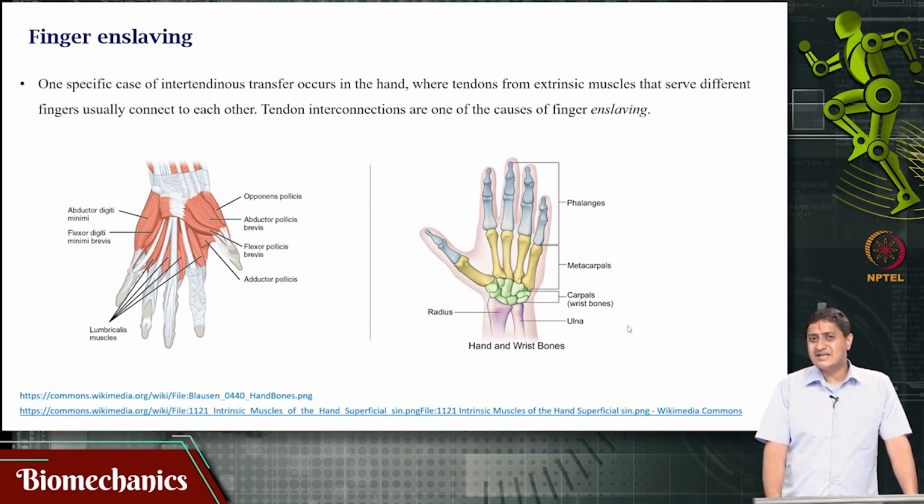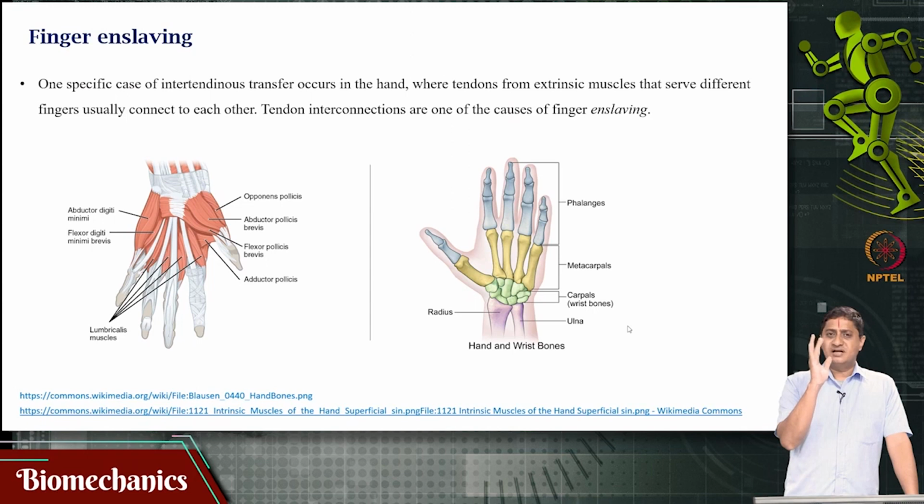What is this enslavement? Suppose let us take your hand, and you can do this exercise on yourself. You try to move only the ring finger. Don't worry about what the other fingers are doing. Try to do only the ring finger and observe what the other fingers are doing. I do that. I am moving only the ring finger.